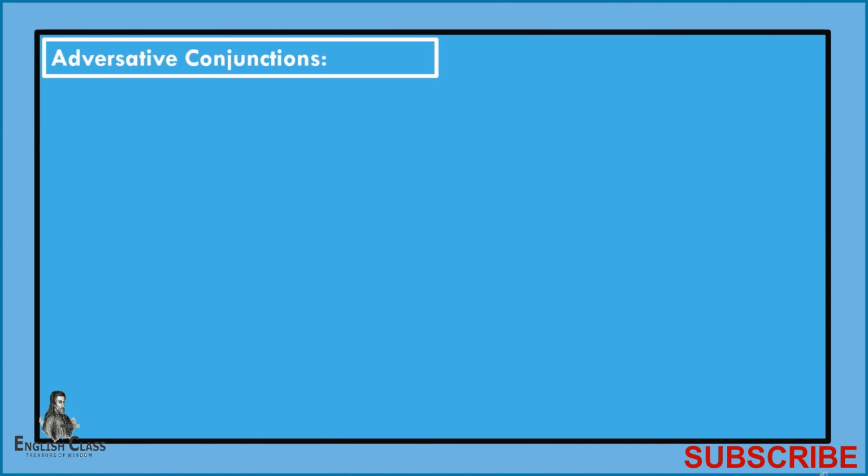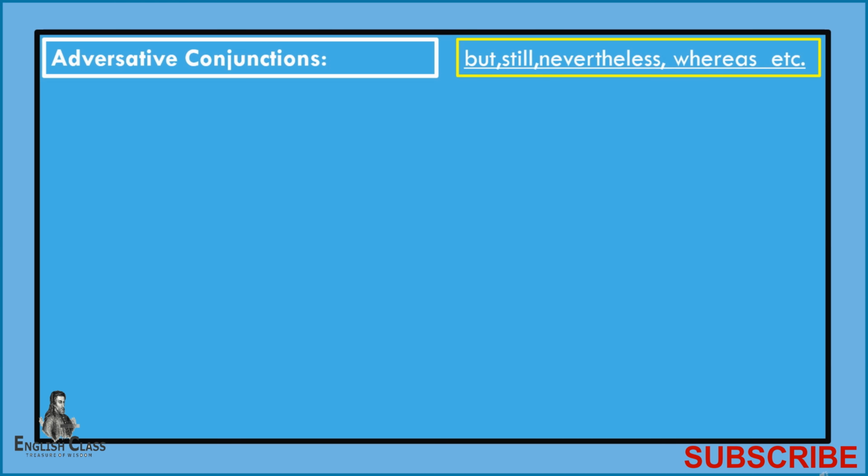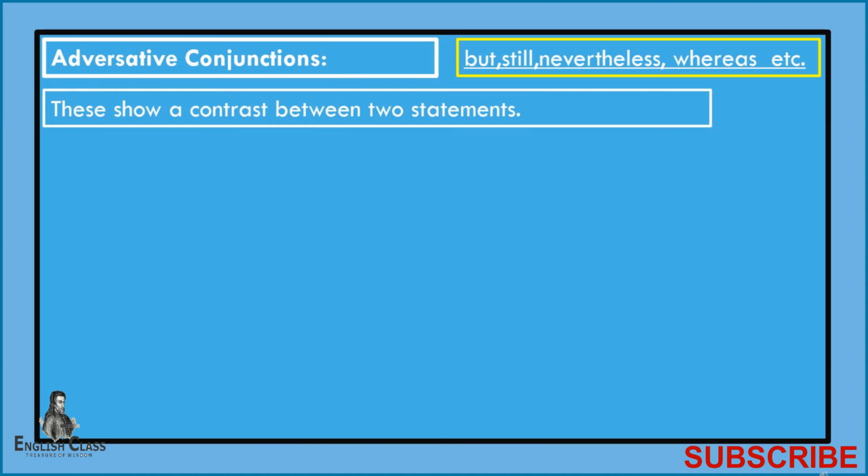Next type of conjunctions we have is adversative conjunctions. Adversative conjunctions are also coordinative conjunctions: but, still, nevertheless, whereas, and many more conjunctions which are adversative. These conjunctions show a contrast between two statements, like I knocked on the door but nobody answered.